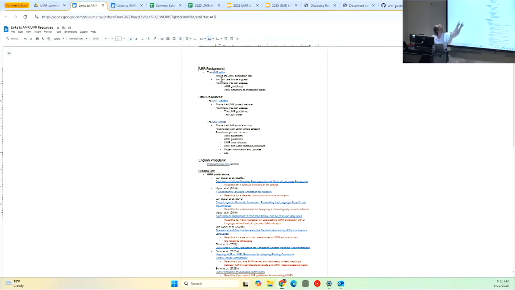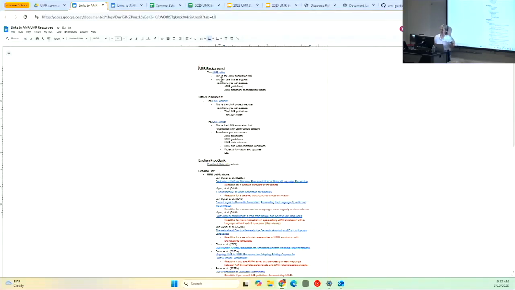This is defunct, so don't try to go to that AMR editor. The old AMR editor, which was a really useful resource even for using UMR just because of background, is not hosted anymore in its original place, but it is on the UMR website now. So I'll update the link. We've got links to the UMR resources, links to the English PropBank role sets, where you can look up all of the -91 role sets on that page.